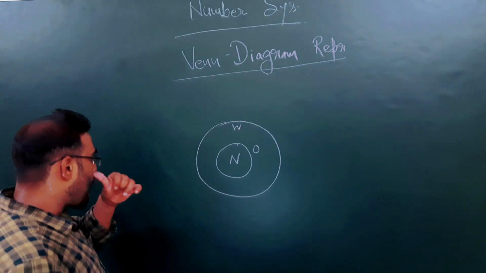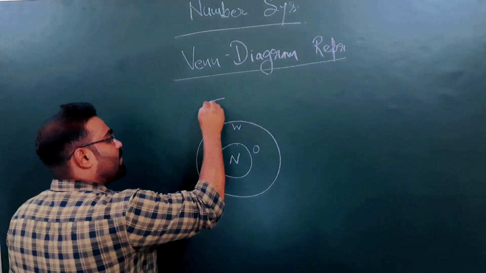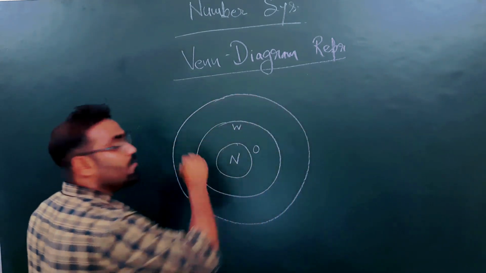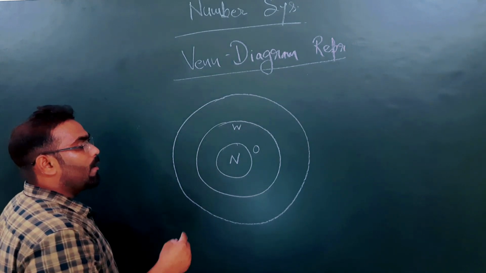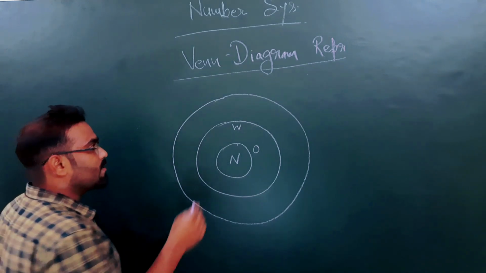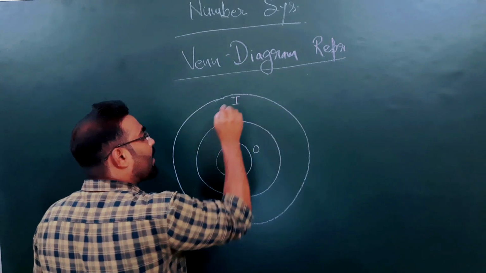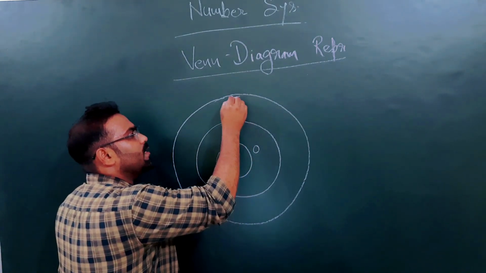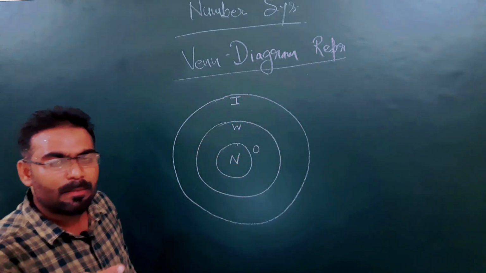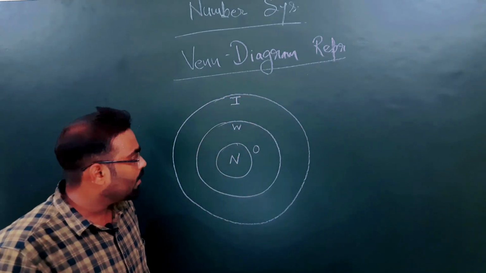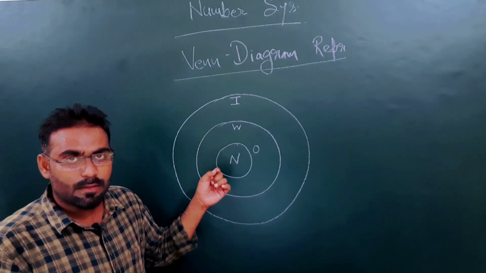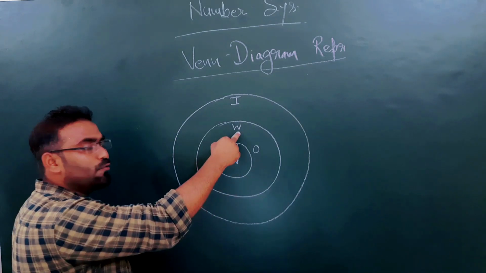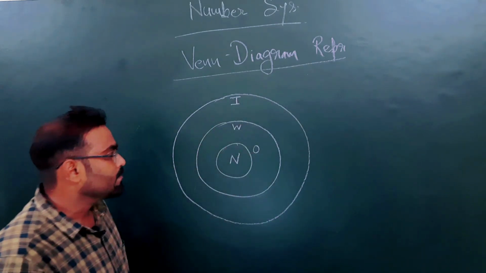Further, if you get negative numbers extra from somewhere else, this set becomes I, which stands for integers. There may be some other notations in your books, but for easy remembering, I've just taken the first letter of the particular term.